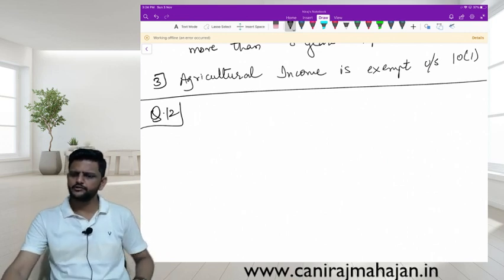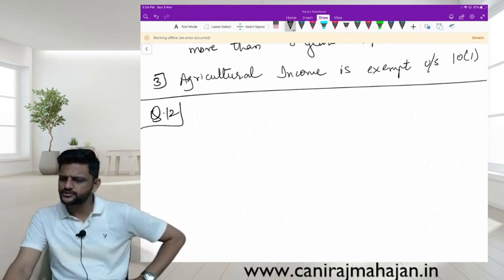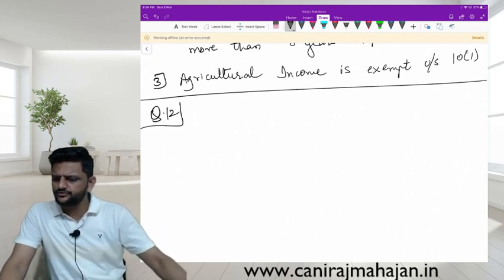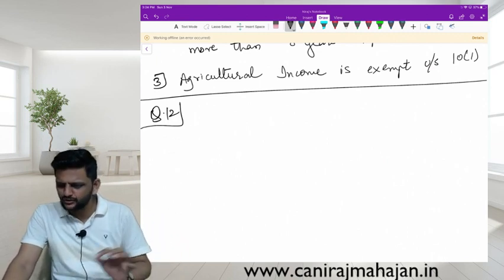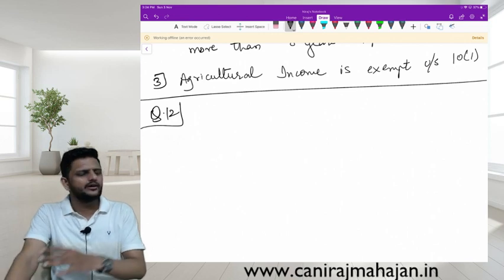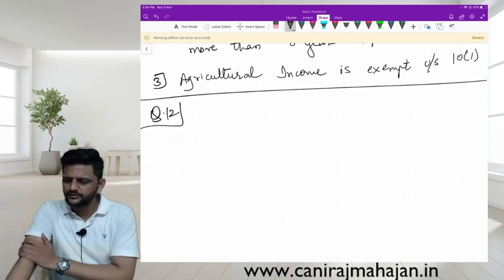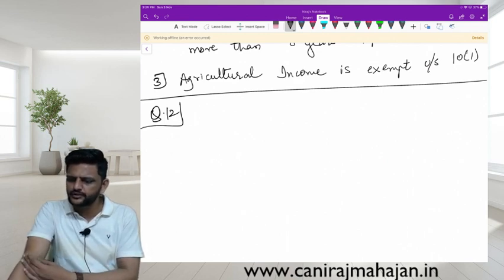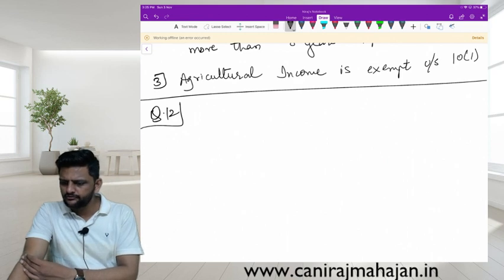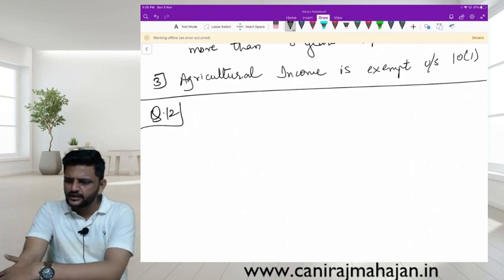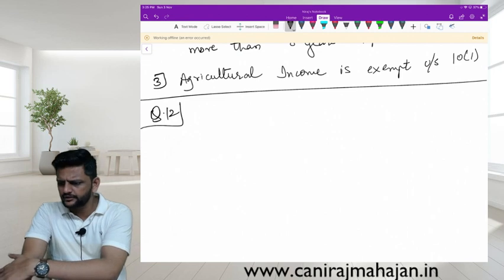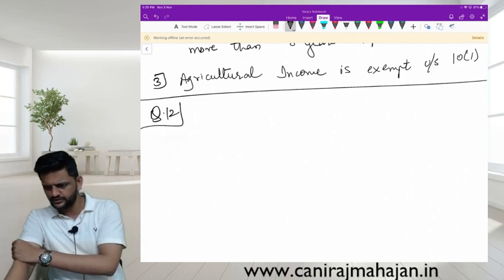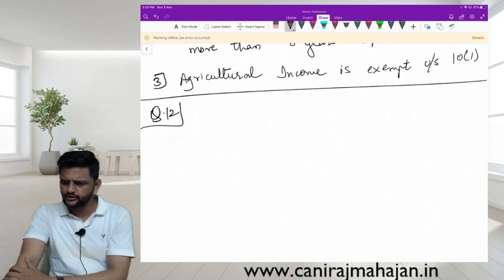STCG, speculative business loss, LTCG on sale of land, LTCL on sale of shares, STT not paid, 112A not applicable, correct? As it is a loss, 112 is not there. Then STT is not paid. Then income from business of textile after allowing current year depreciation. Then income from activity of owning and maintaining race horses.